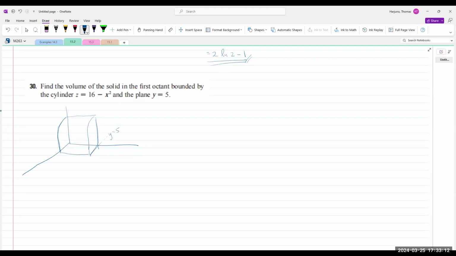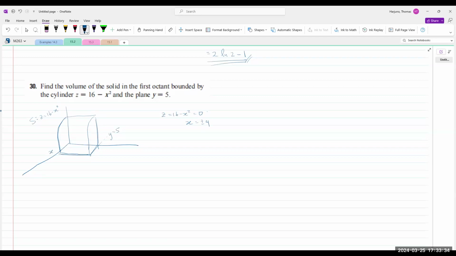But the surface S is given by z equals 16 minus x squared. Oh, what is the x then here? So when z equals 0, when you set that equal to 0, we get x equals plus or minus 4.